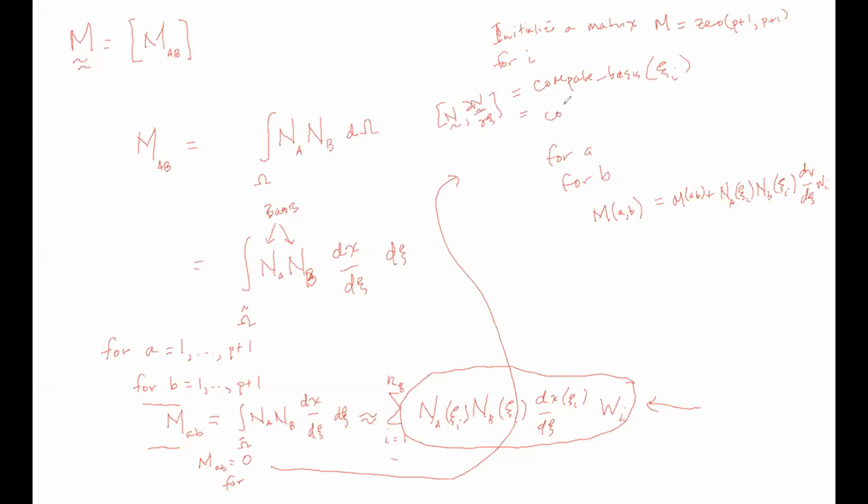Then we can compute the geometry, passing in ξ_i, and it returns the position, which is just a point since this is 1D, and dx/dξ.